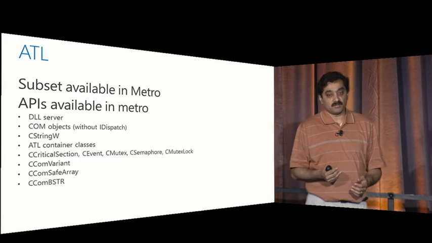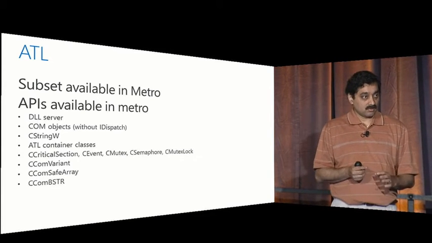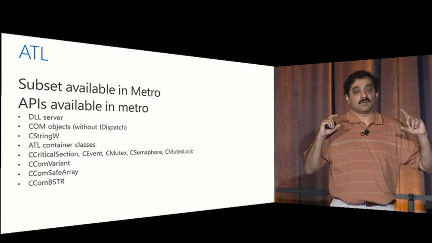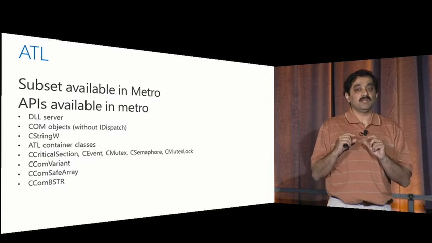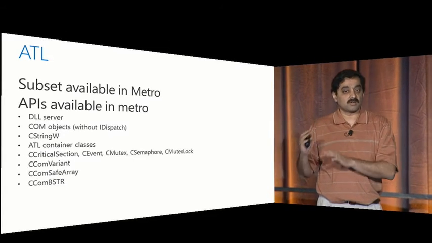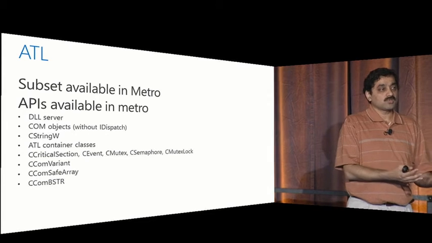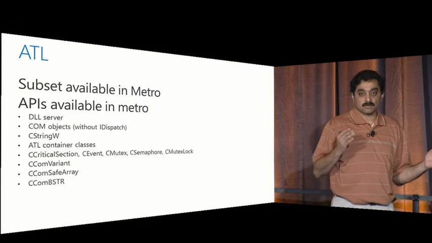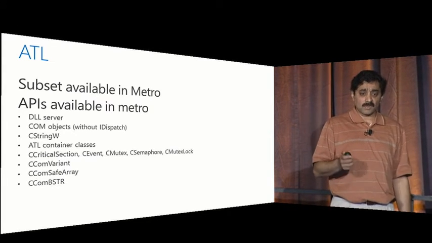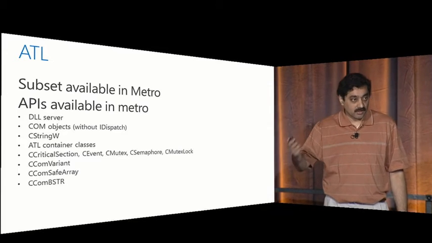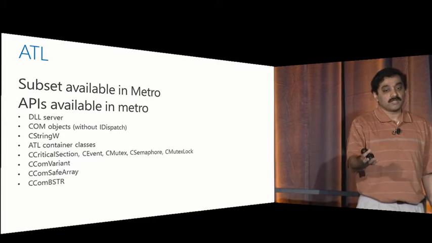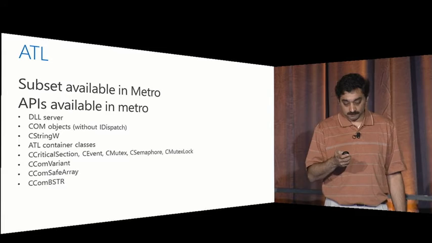Variant, safe array, and BSTR are still there. So if you have COM components that are really about business logic, not related to UI, most of those should be portable directly to Metro. We'll talk a little bit about whether you can use COM objects in Metro later on, but ATL is still available to you.